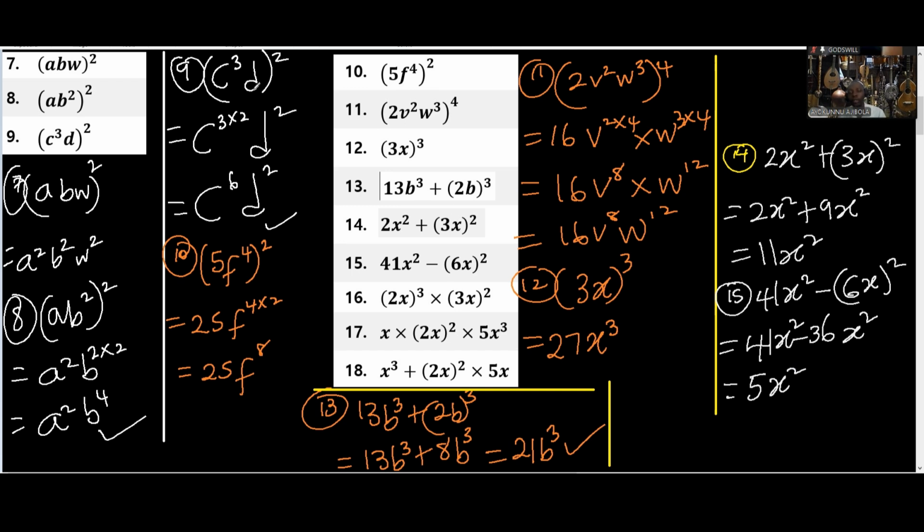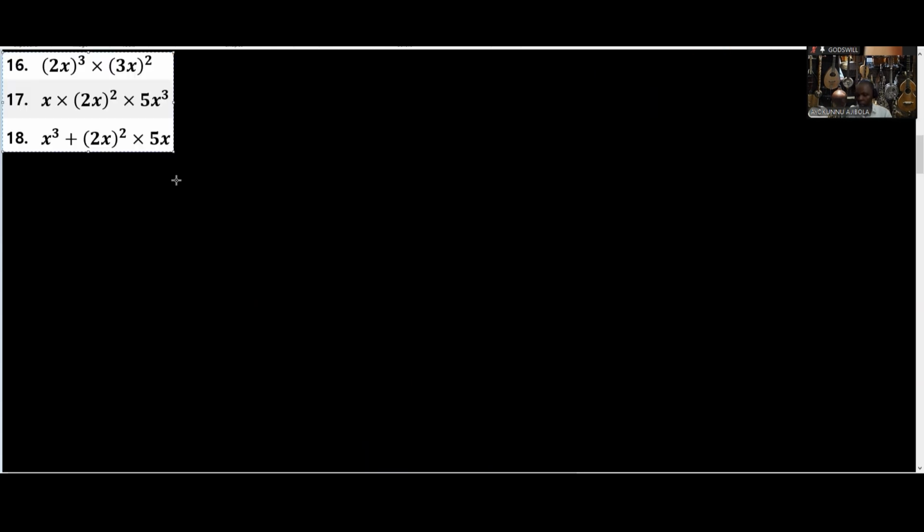And we have question 16 to 18 to look at. Number 16 says 2x all cubed times 3x all squared.